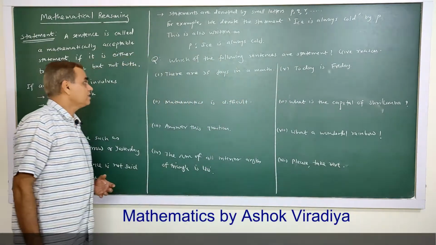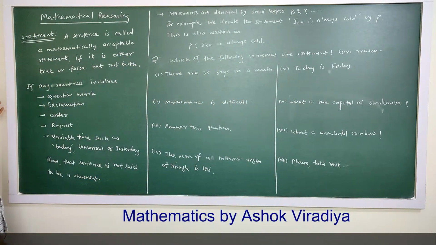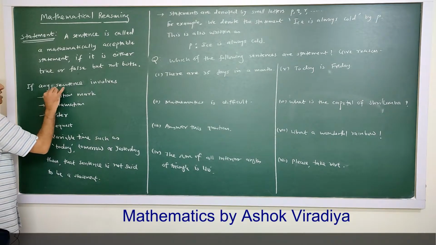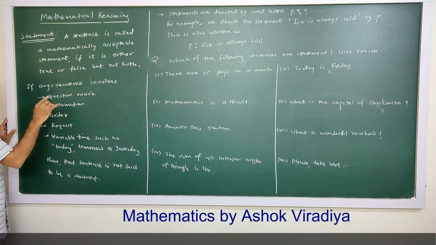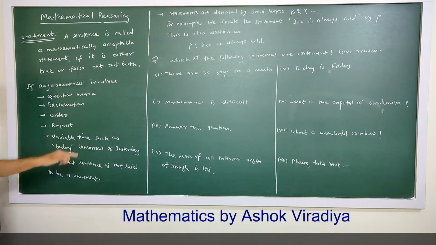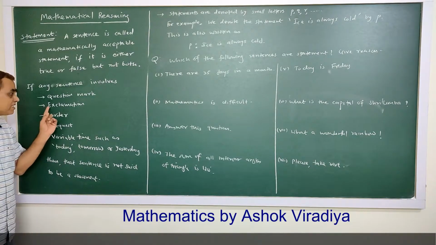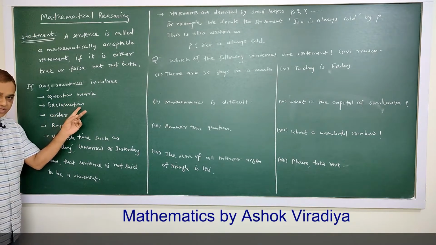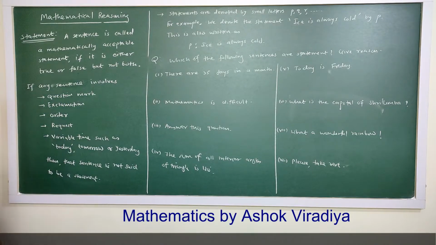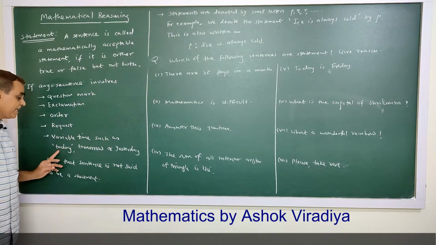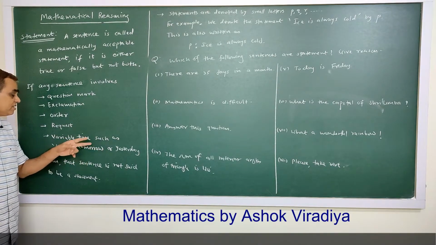Now, which sentences are not statements? If any sentence involves a question mark, then it is not a statement. Any sentence involving an exclamation is not a statement. Also order, request, and variable time such as today, tomorrow, yesterday.